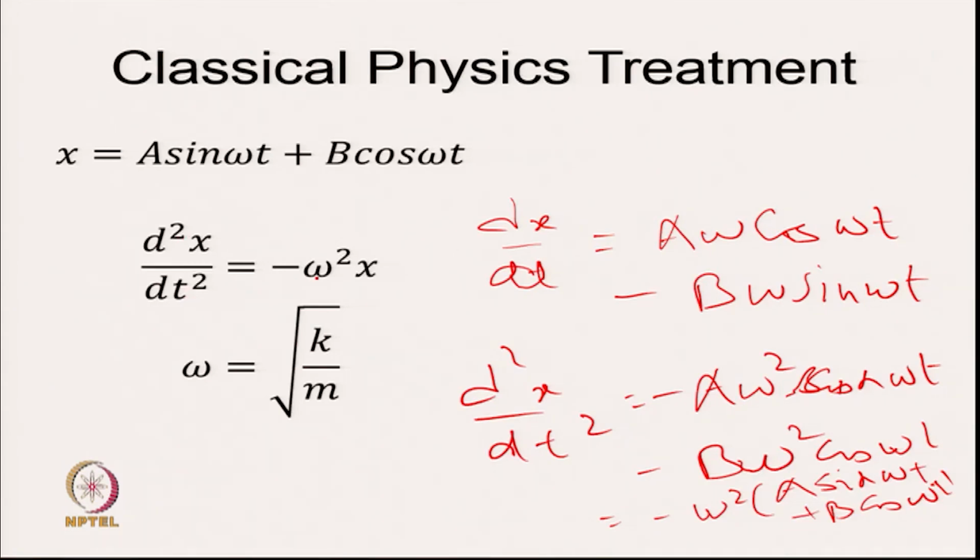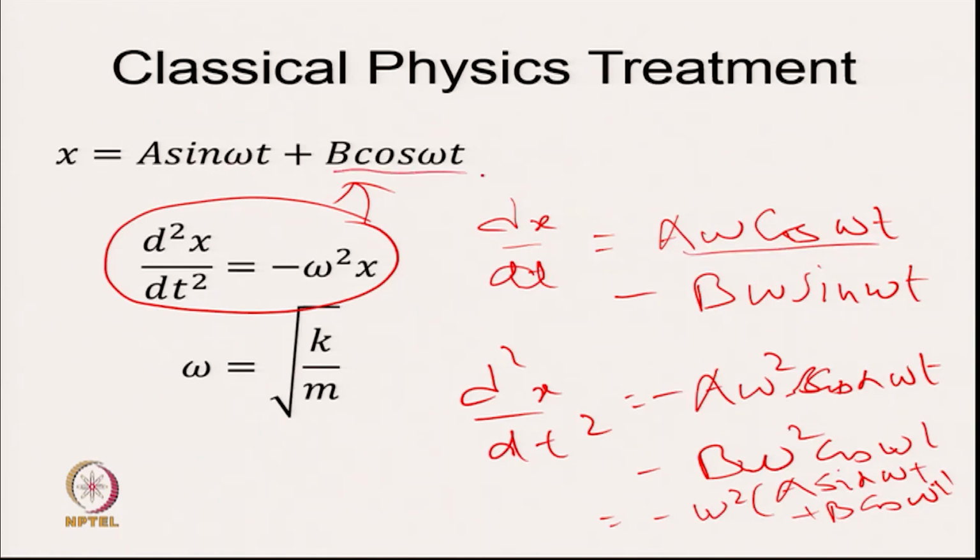For this kind of differential equation, your solution is x is equal to a sin omega t plus b cos omega t. Again, you can look at dx by dt: if you take the differential of sin omega t with respect to t, you will get omega cos omega t. So, that is what we have written, a omega cos omega t. For the cos term, the differential will be minus b omega sin omega t.